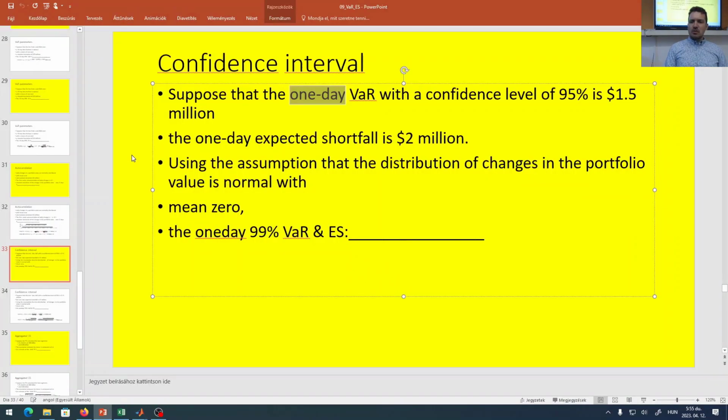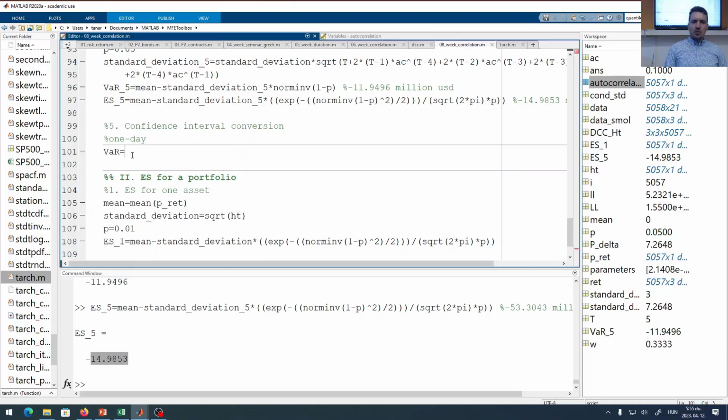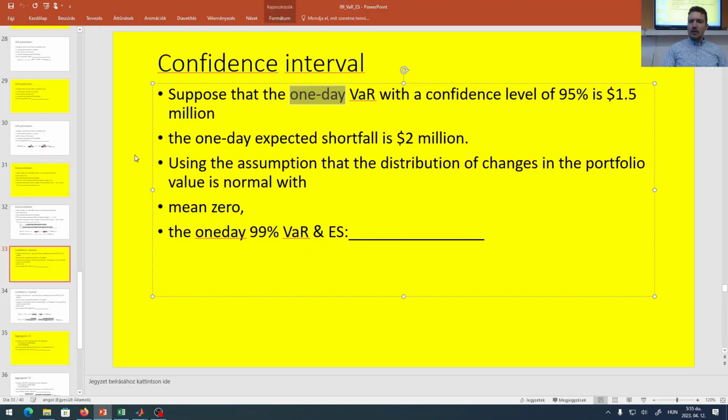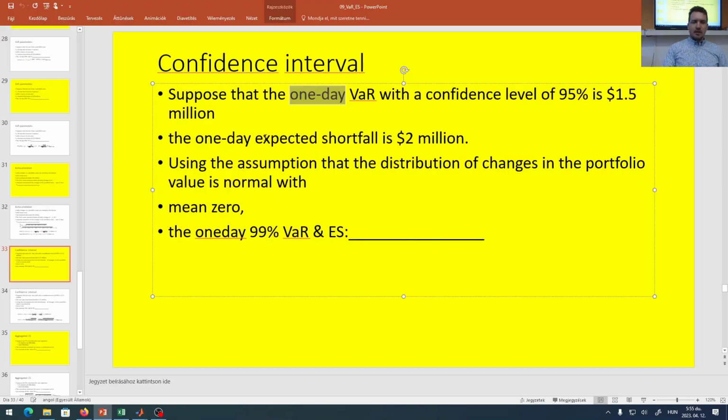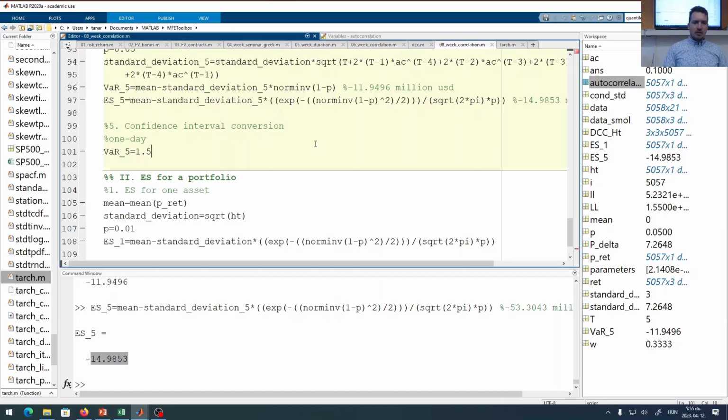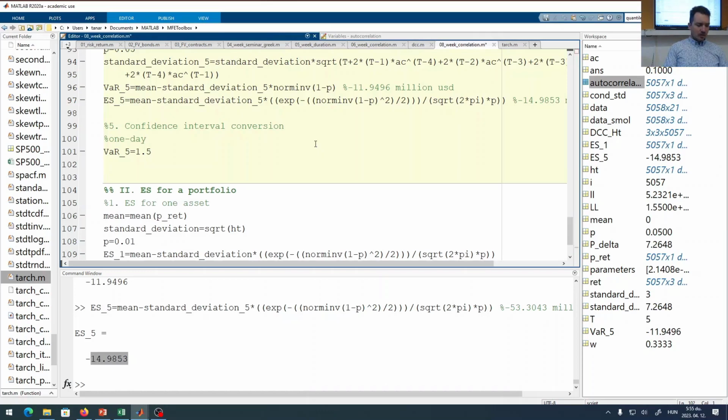VaR equals... I'm still preferring the other description, 1.5. Yes, I hope so.